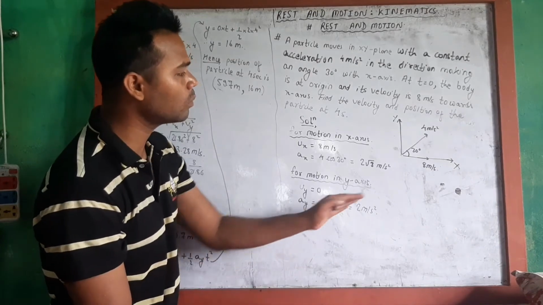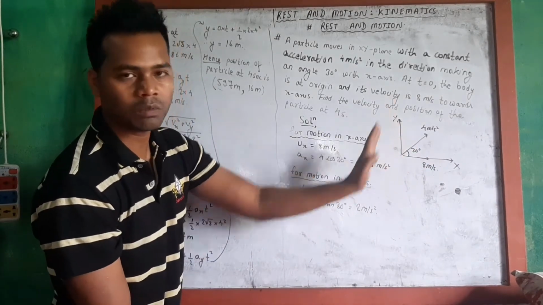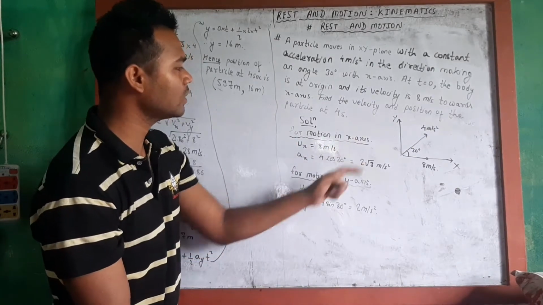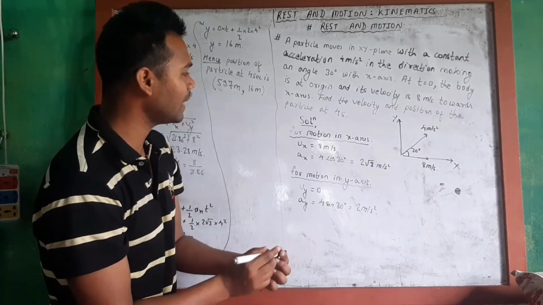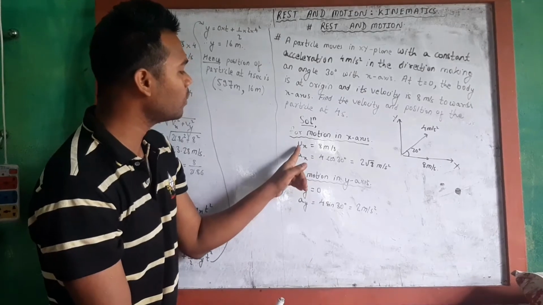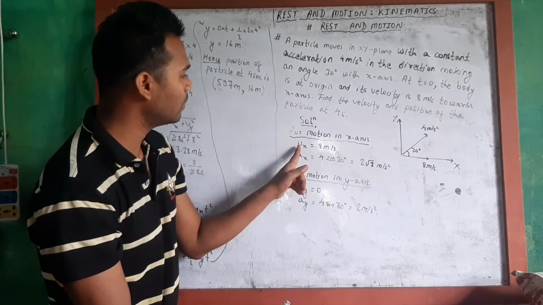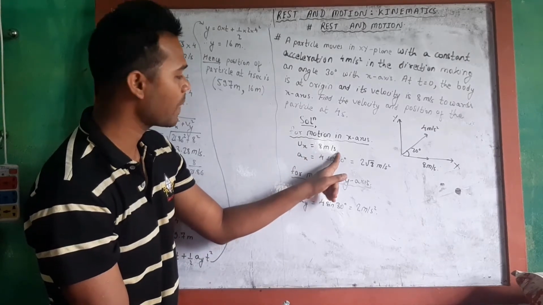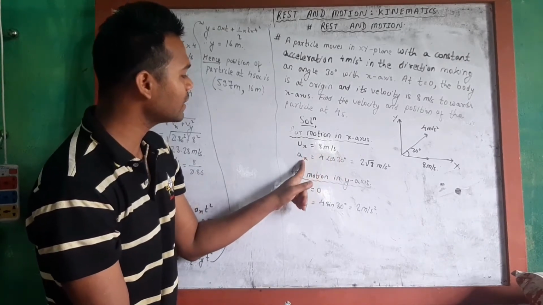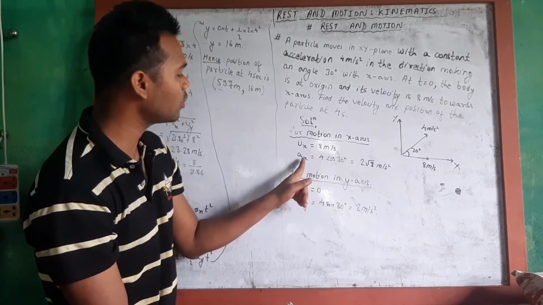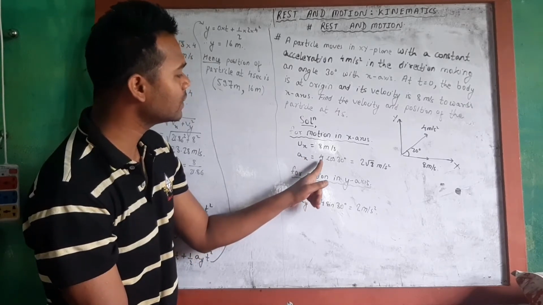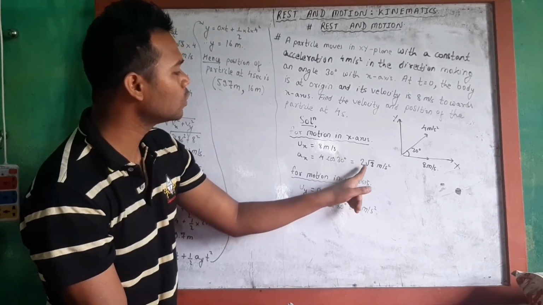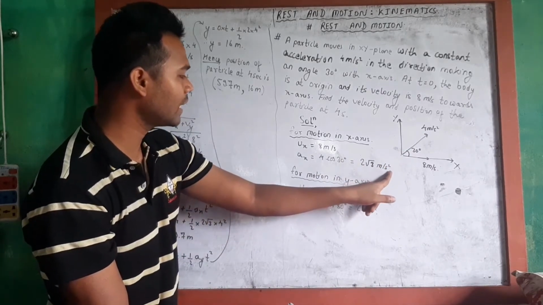That means the motion of the body in the x-axis and the motion of the body in the y-axis. For the motion in the x-axis, we have to find the components in the x-axis. Here, the component of initial velocity in the x-axis is 8 meters per second, and the x component of acceleration is 4 cos 30 degrees, which is 2 root 3 meters per second square.